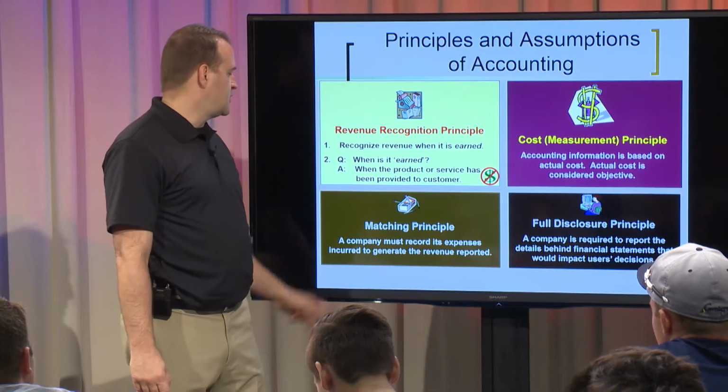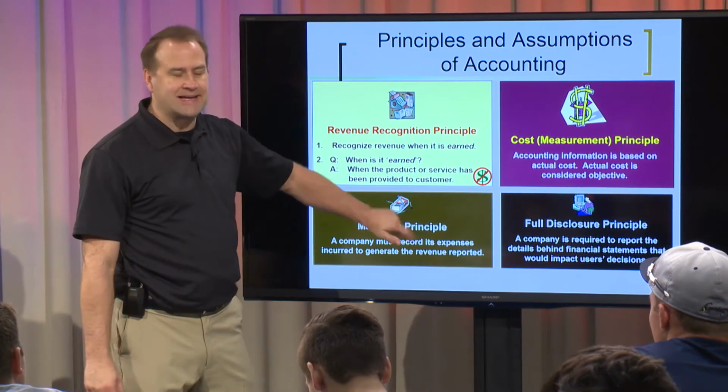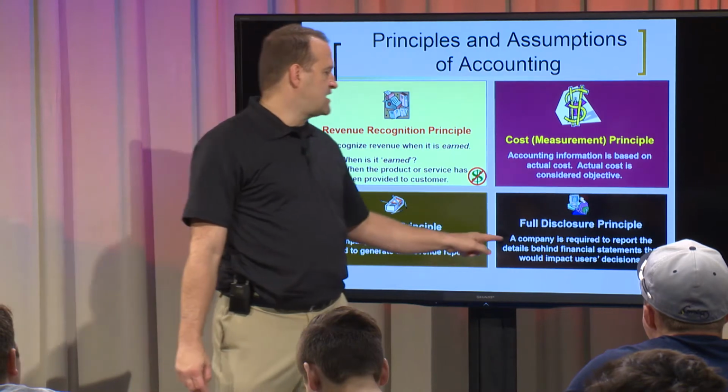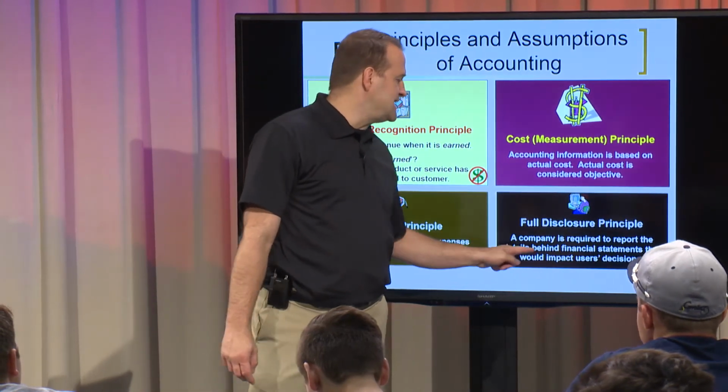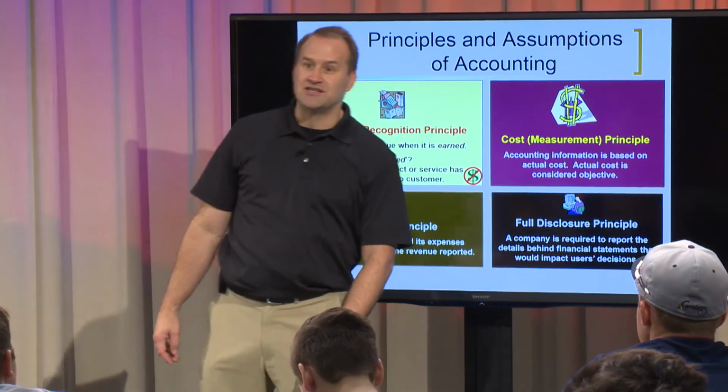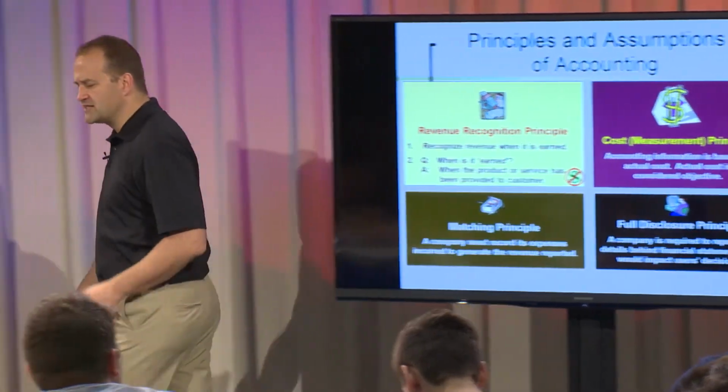Make sense? Matching principle. That's a chapter 3 concept. We'll come back to that. Full disclosure principle. A company is required to report the details behind financial statements that would impact users' decisions. Okay, let me show you something here. You don't have to dig through your book.